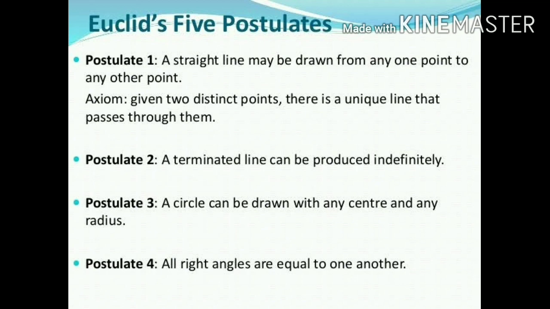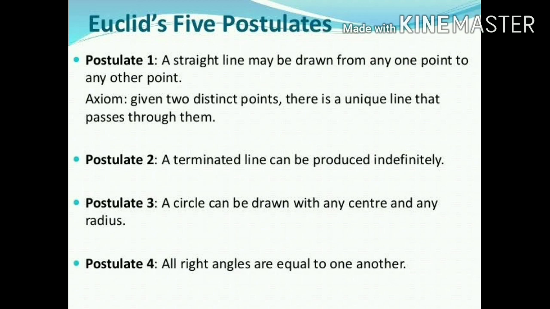And the third postulate is given as any straight line segment, a circle can be drawn having the segment as radius and one end point as the center of the circle.